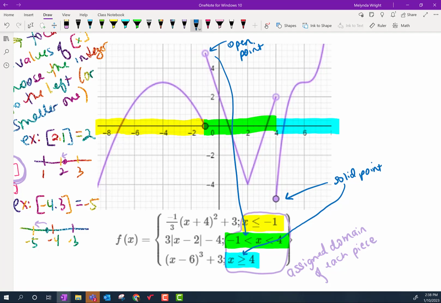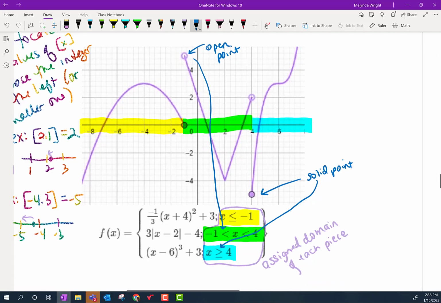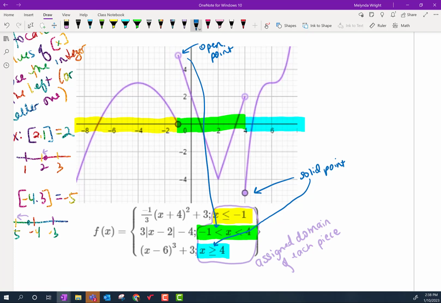Does that bring back some memories about solid points and open points? Let's make ourselves a little note out to the side. If it's less than or equal to or greater than or equal to, that's going to give us a solid point. The points I'm talking about are the ones at the breaks, like at -1, not the ones inside here.